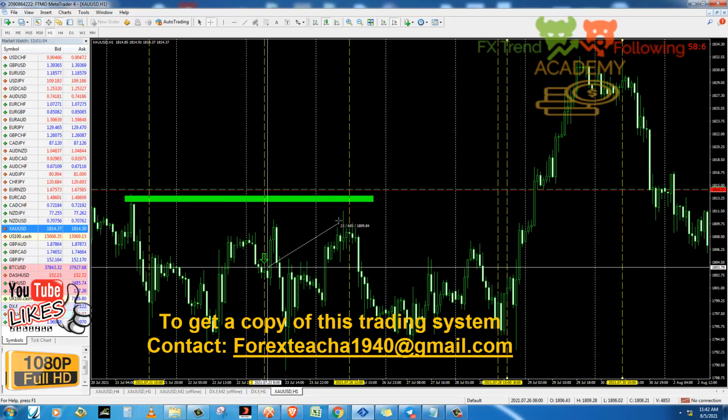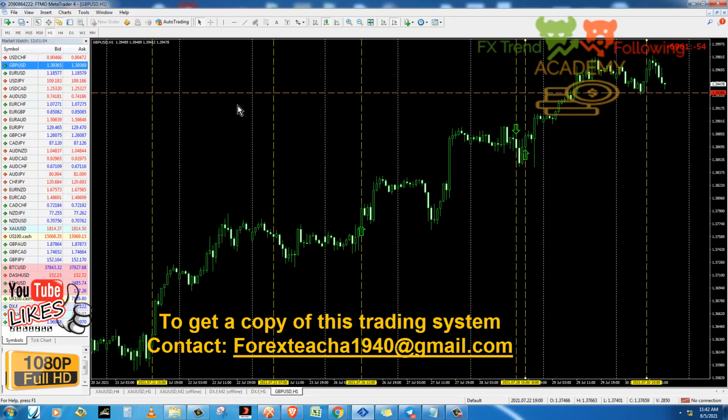So in this case, if you had put it right here, the shorter one, it was going to be taken out here, or it was going to be taken out on this one. But this trade went down all the way, I think about 141 pips. If you go to GBP USD, we expect it to be going down as well, which is what it did. All right.